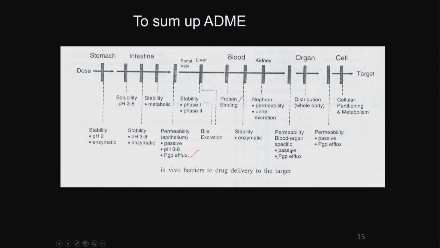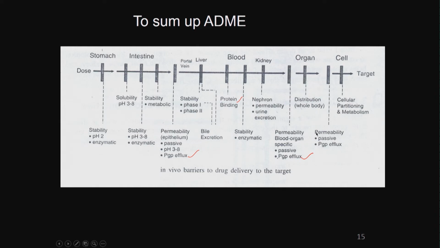And then permeability to the specific site, again through passive, you can have P-gp efflux coming in. That means P glycoproteins may be throwing your drug out, and that will lead to a reduction in its concentration. And then distribution, volume of distribution, which we talked about, can alter the concentration of the drug in the body.